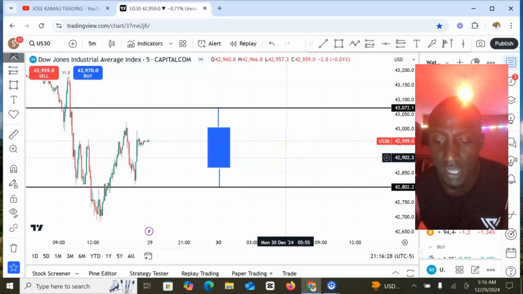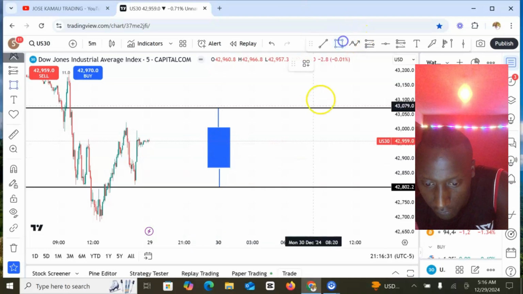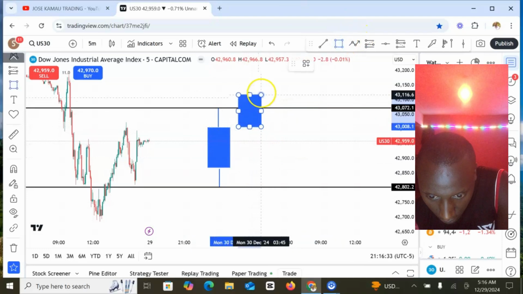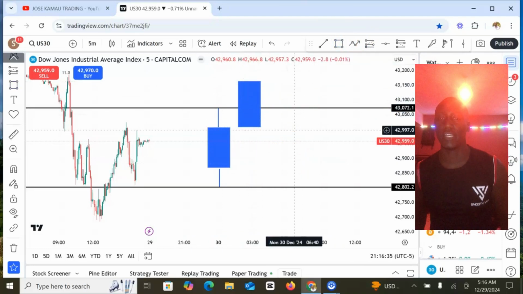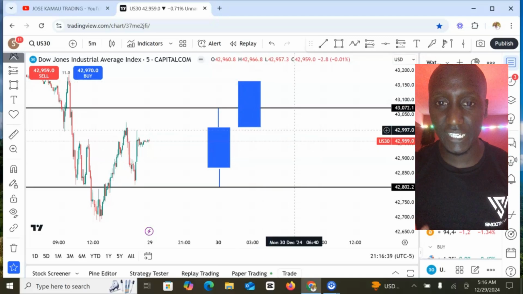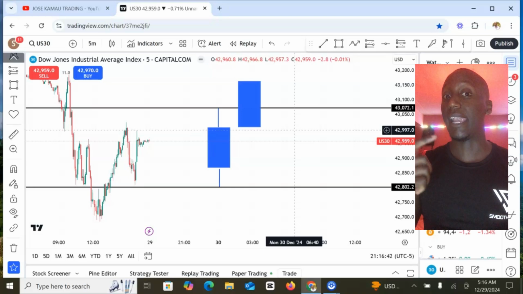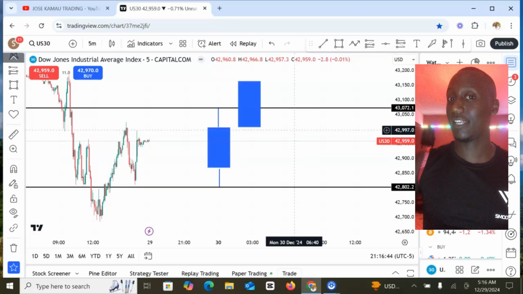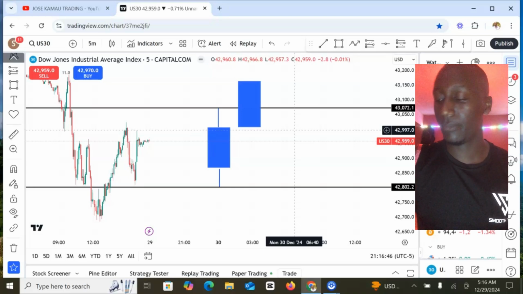The next candle, if it's bullish, that is Tuesday. If Tuesday closes like that as a successful breakout, now you know where Wednesday is headed. We are headed up.